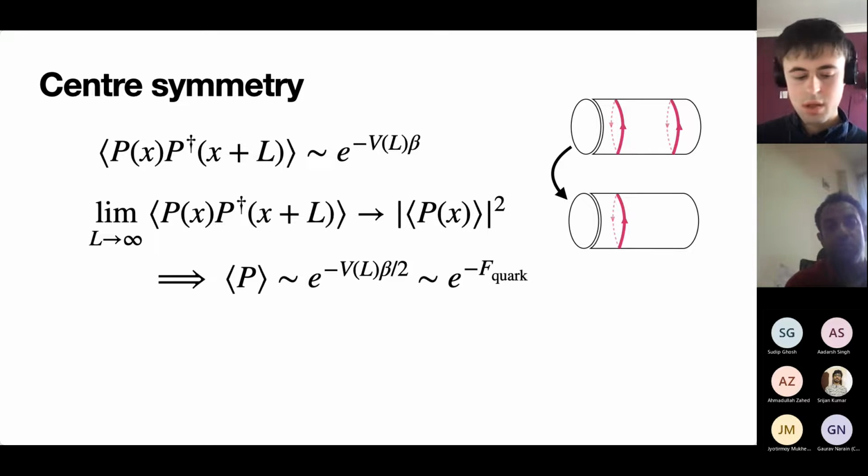And combining this fact with the fact that it has a linear potential, then we can deduce this property about a single Polyakov loop.